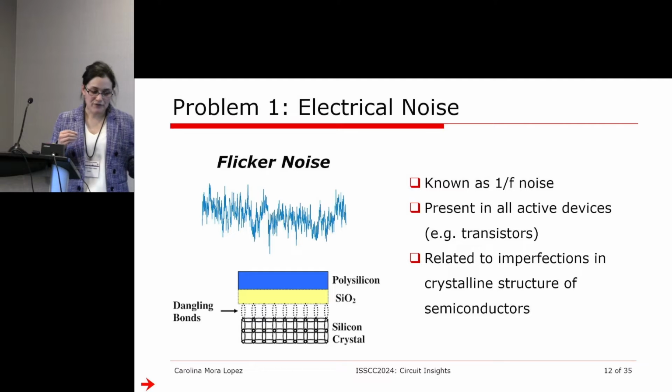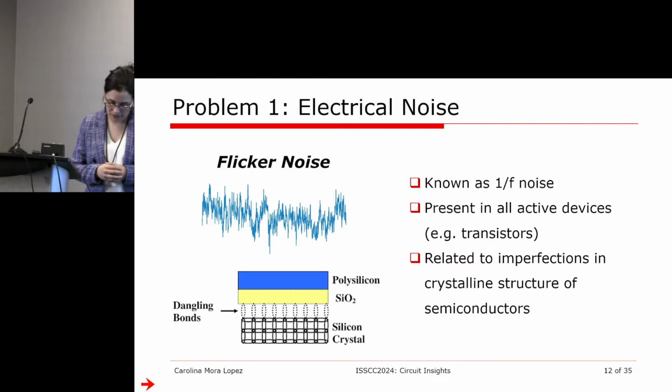Another type of noise that affects our designs and is present in all active devices is called flicker noise, or also 1/f noise. Although the cause of this noise is not yet fully understood, what is well known is that it is related to imperfections of the crystalline structure of semiconductors. This noise varies from technology to technology.